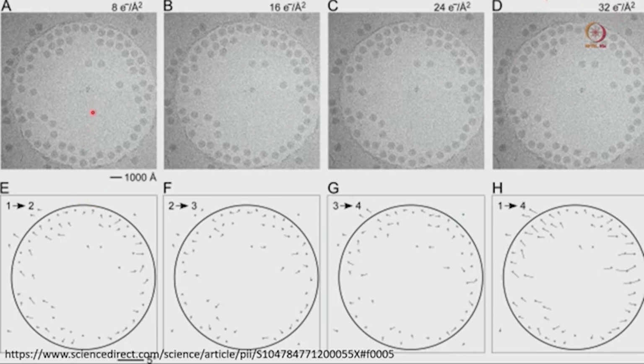Now, what we can see at the bottom, figure E, is the trajectory of individual virus particles, how they are moving inside the ice. That is basically what we are constantly telling: the electron beam has a lot of energy, it will interact with the protein sample and the protein will start spreading in different directions.